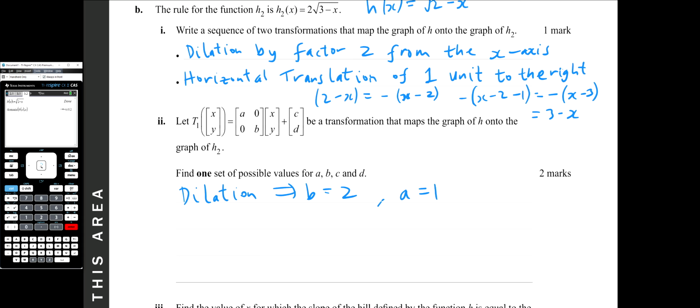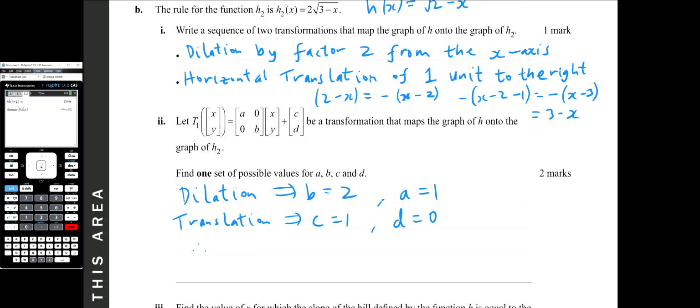So a does not change at all. And then the value of c, well, that is our translation. As we said in the previous question, we are moving 1 to the right, which means c is equal to 1. And then there's no vertical translation, which means d equals 0.